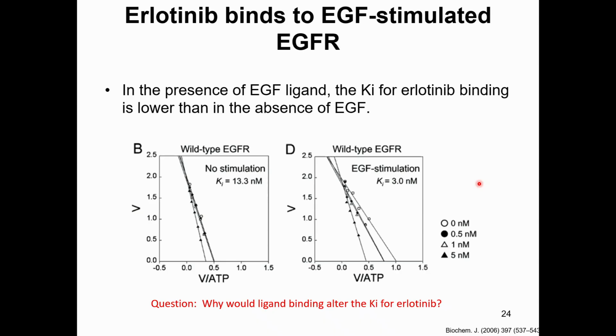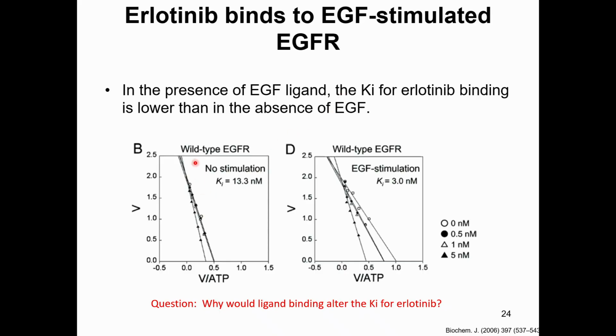This is kind of an interesting thing, and this is looking at the effects of the drug on the Ki of ATP. So Ki, remember, is a little bit like Kd. It's basically a measure of the affinity of the receptor for ATP, and that's going to be involved in phosphorylation, right?